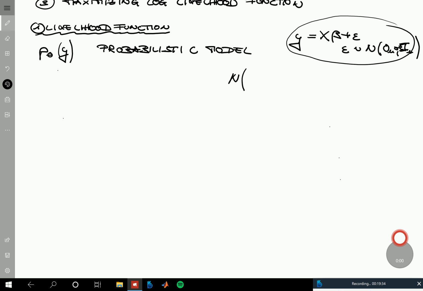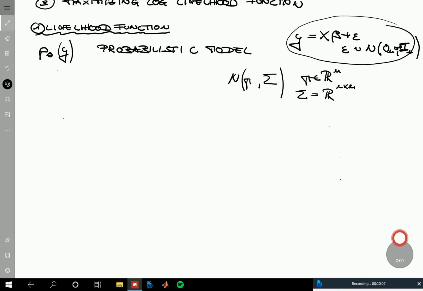So the covariance matrix. So there's a covariance matrix parameter, and what is the other parameter of a multivariate Gaussian? Yeah, exactly. And so mu is the expectation parameter, and sigma is the covariance matrix parameter.